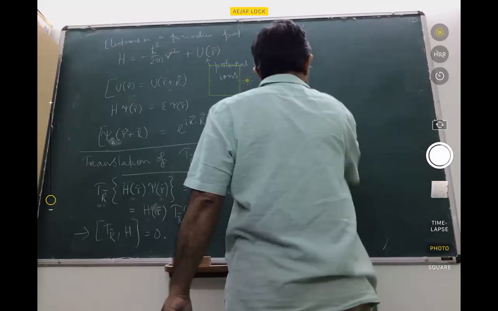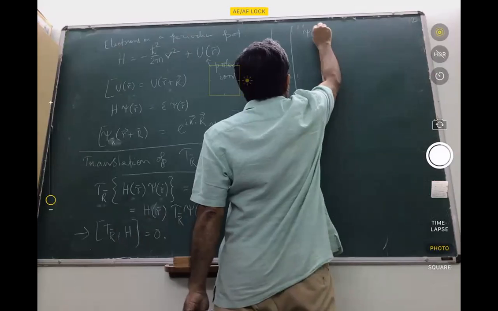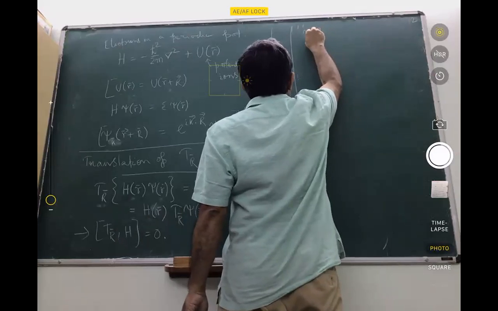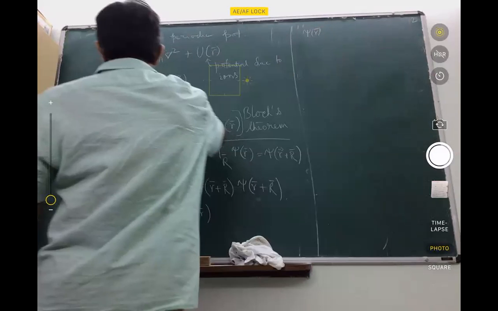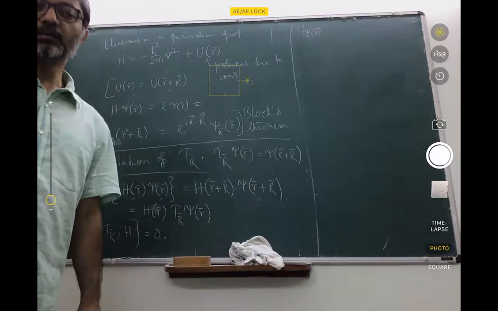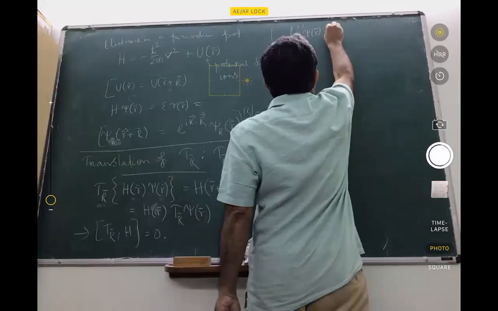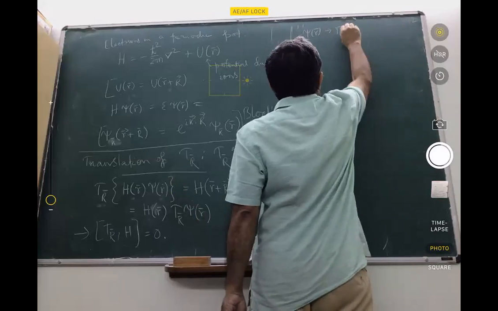So the psi of R's that we have written here can be chosen to be simultaneous eigenfunctions of T of R. So what are the values?